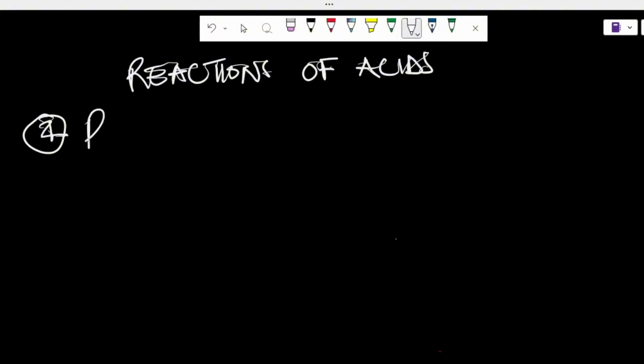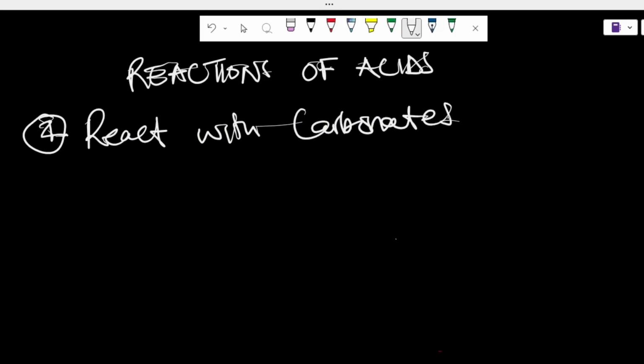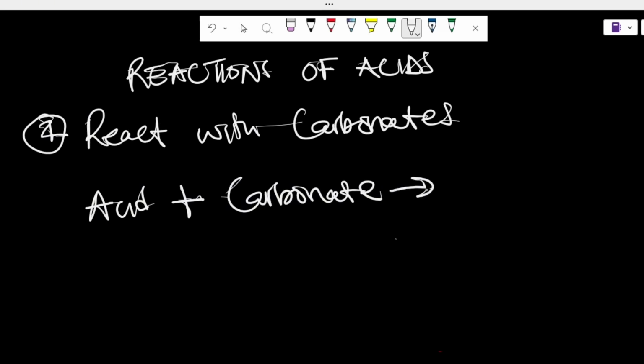Now, acids can also react with carbonates. So you have an acid plus carbonate, and that is going to give you salt plus water plus carbon dioxide.